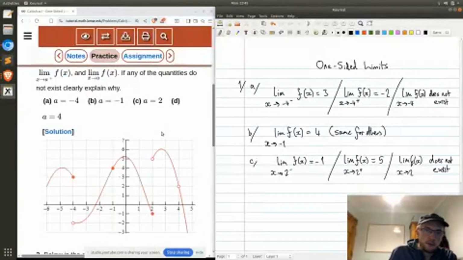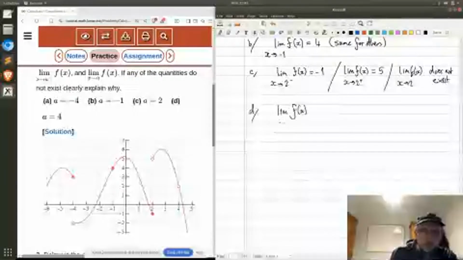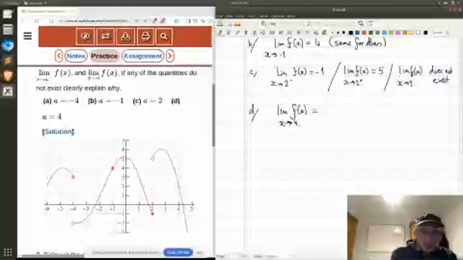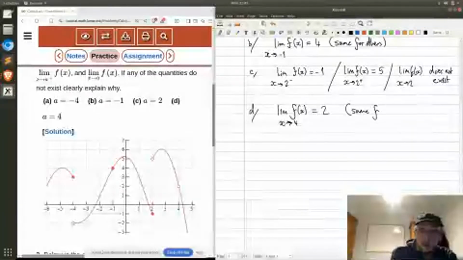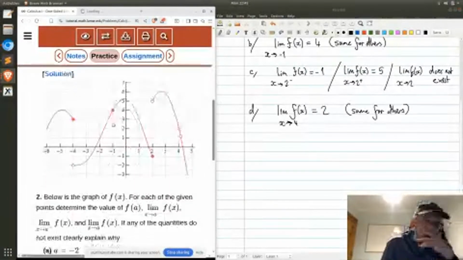For D, it is equal to 2. Same for the others. Check.